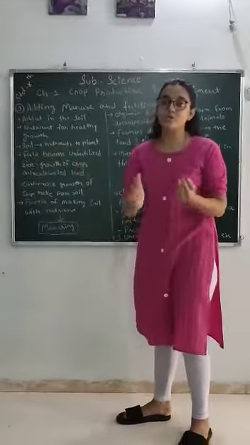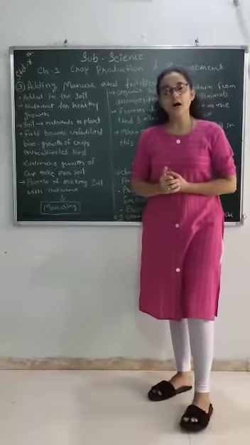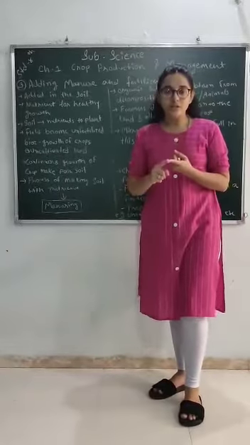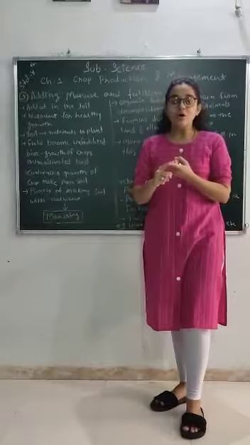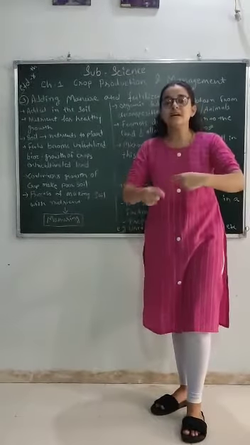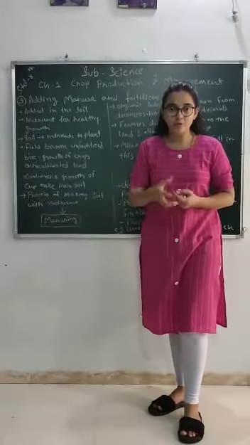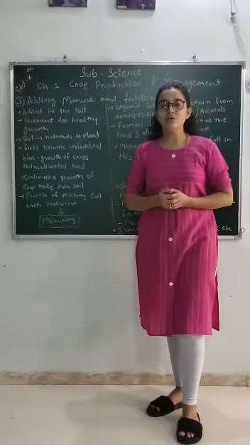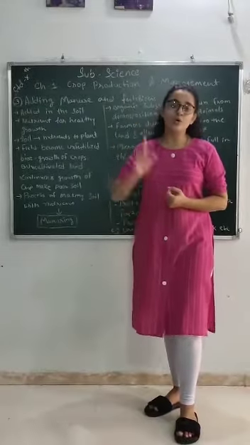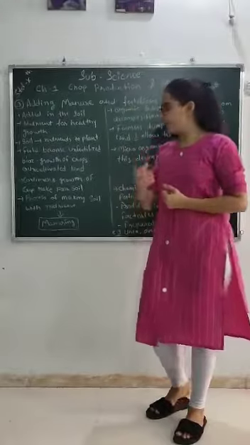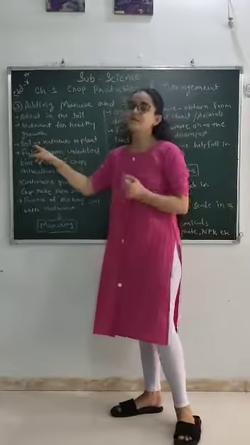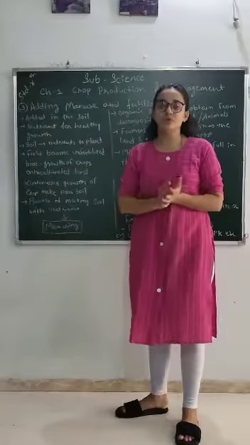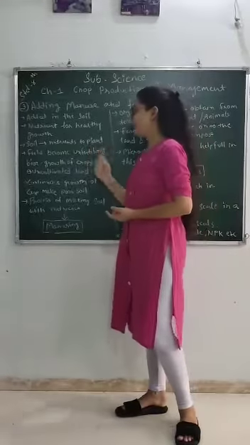Soil is the source of nutrition for the plant. How? Because water and nutrients are all mixed inside the soil, and with the help of roots they pass from the soil to all parts of the plant. So soil is a major source of nutrients for plants.